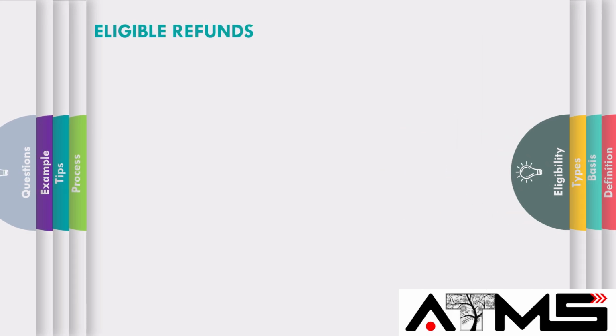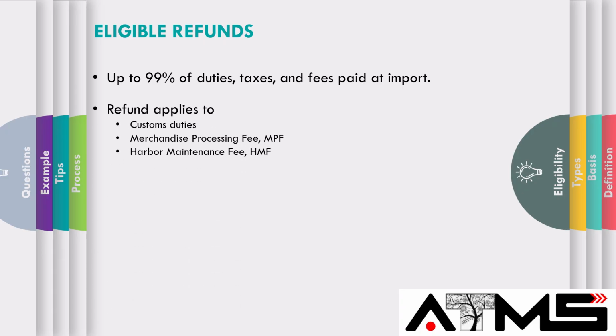Now, look at eligible amount and refund rate. You can receive a refund of up to 99% of the duties, taxes, and fees you paid. Eligible amounts include customs duty, merchandise processing fee, and harbor maintenance fee.